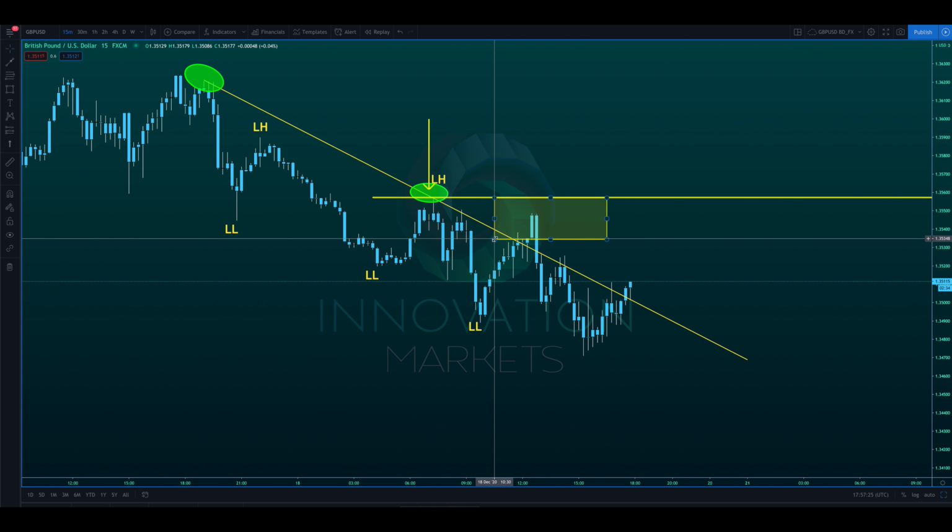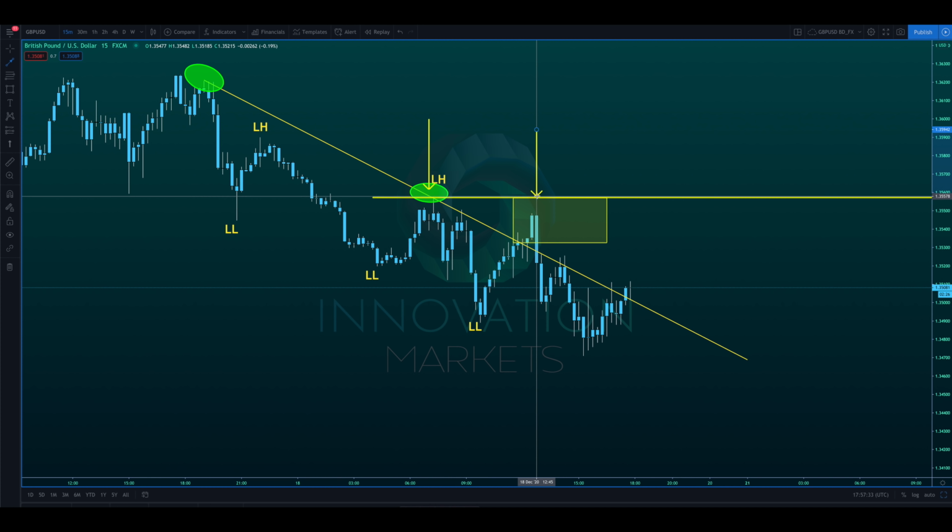Because we understand market structure, anywhere in this area, price can still stay below this lower high here. You can either make an equal lower high, or it can make a new lower high, which it's done here. And it can still move to the downside.